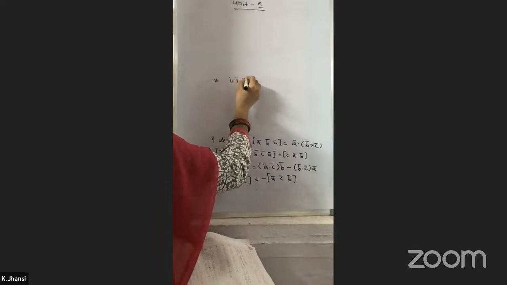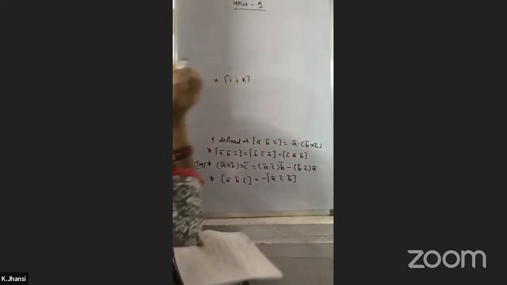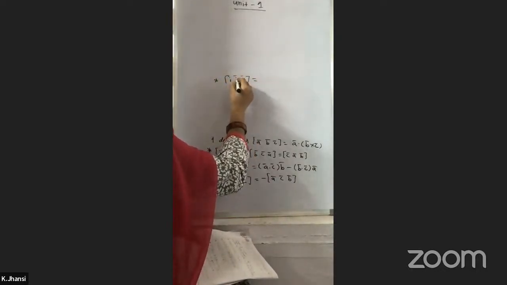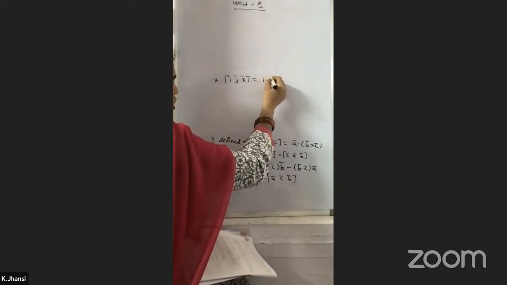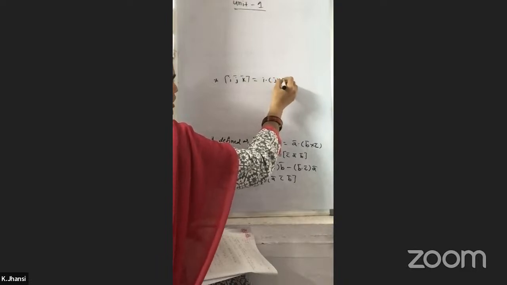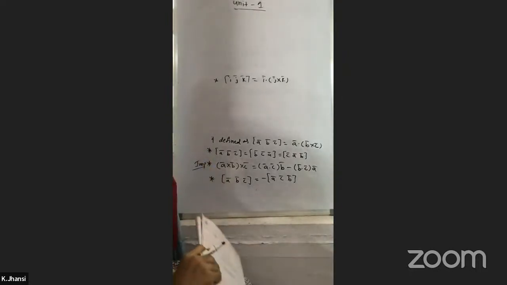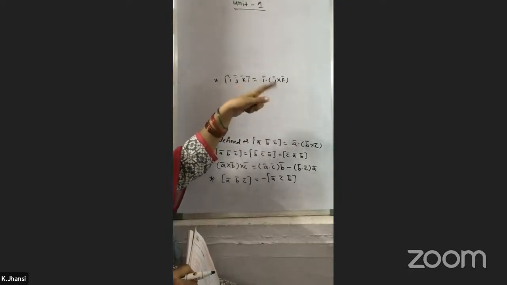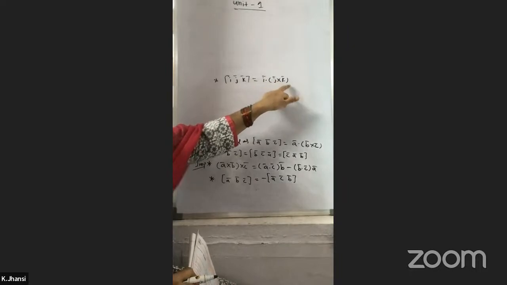So if you have i, j, k instead of A, B, and C, then you can write i dot j cross k. Just now we have seen the formula, no? So the triple product of vector A, vector B, vector C is equal to vector A dot B cross C. So here also i, j, k means i dot into j cross k.